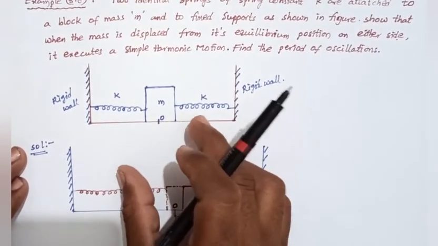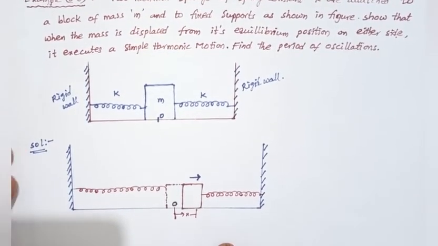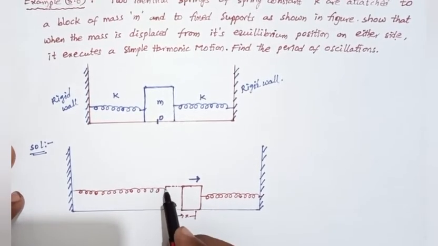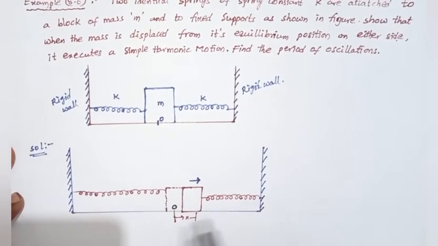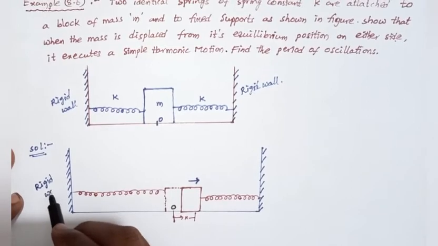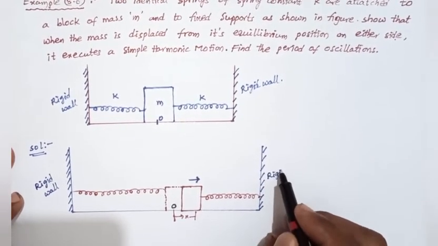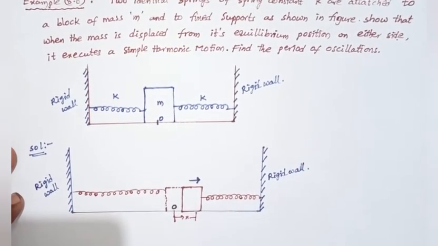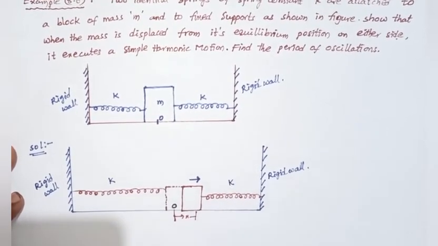So for example, there is a rigid wall on the left side and a rigid wall on the right side, and the spring constant is K for both springs.